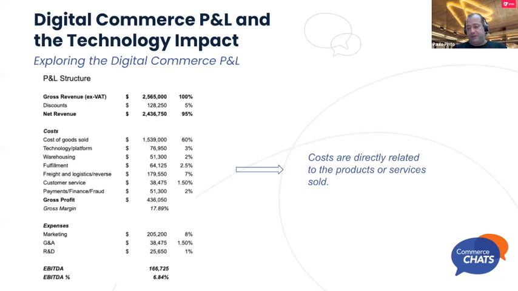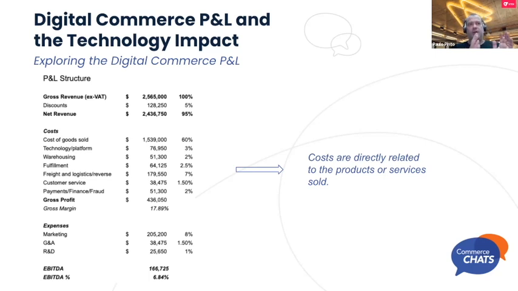The fulfillment, basically picking, packing, getting everything ready, taking it to the truck and loading, right? Freight and logistics, and also reverse logistics, you need to take into account returns. And you have customer service, usually people calling, you need to have some people there just to have a call center or something.